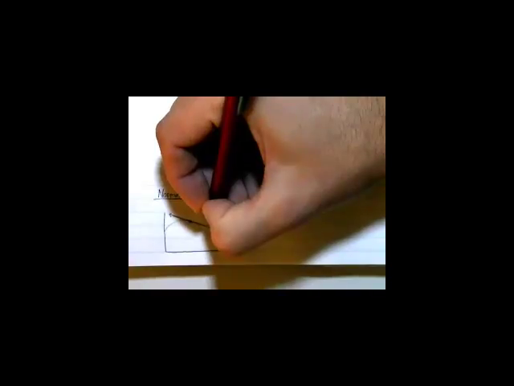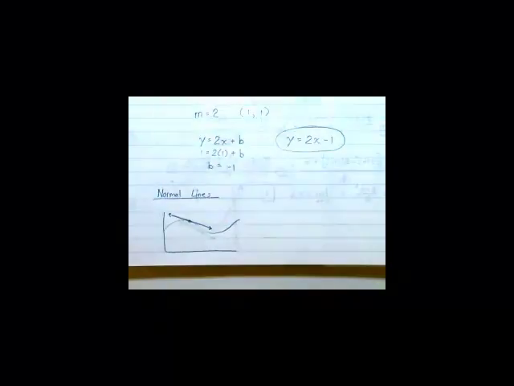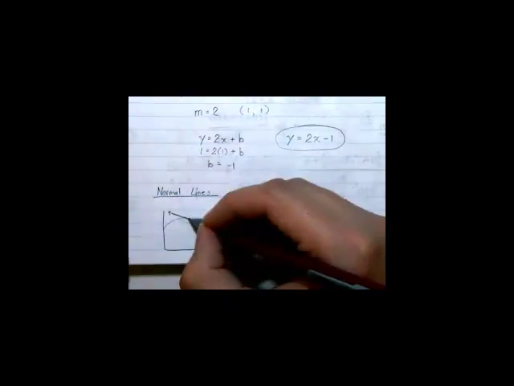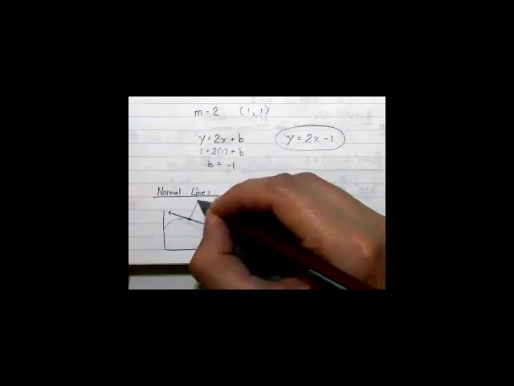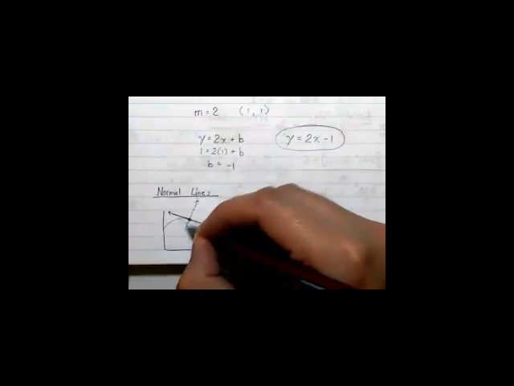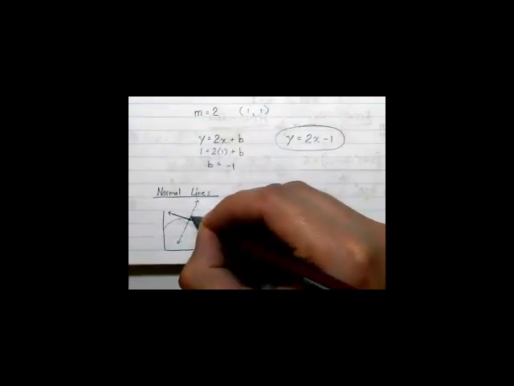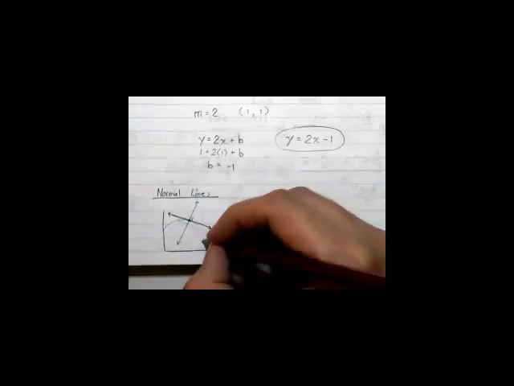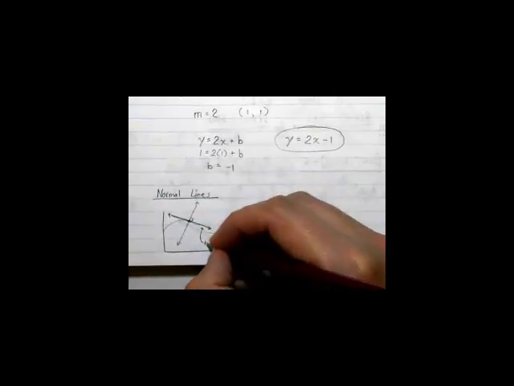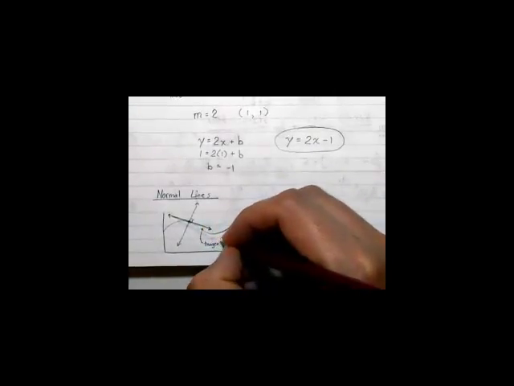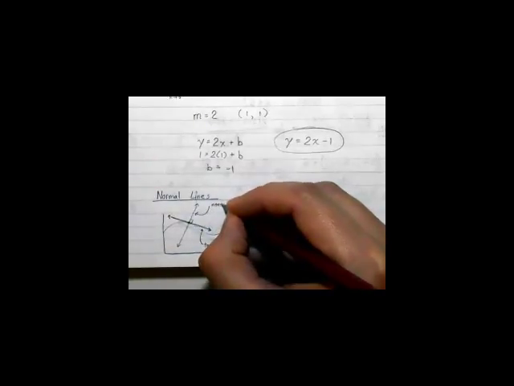And so the normal line would simply be perpendicular to that line through that point. Okay? So the normal would go something kind of like this. So this one is the tangent, and this one is the normal.